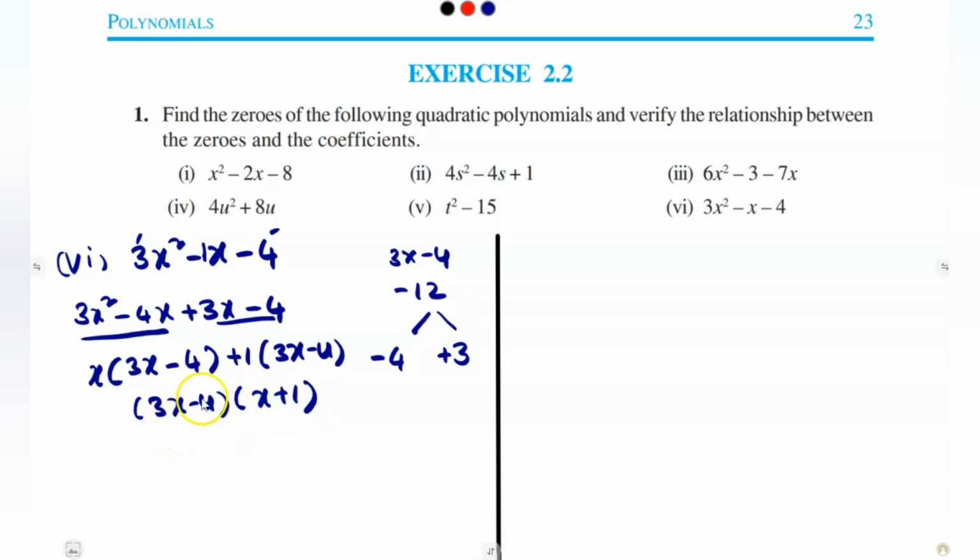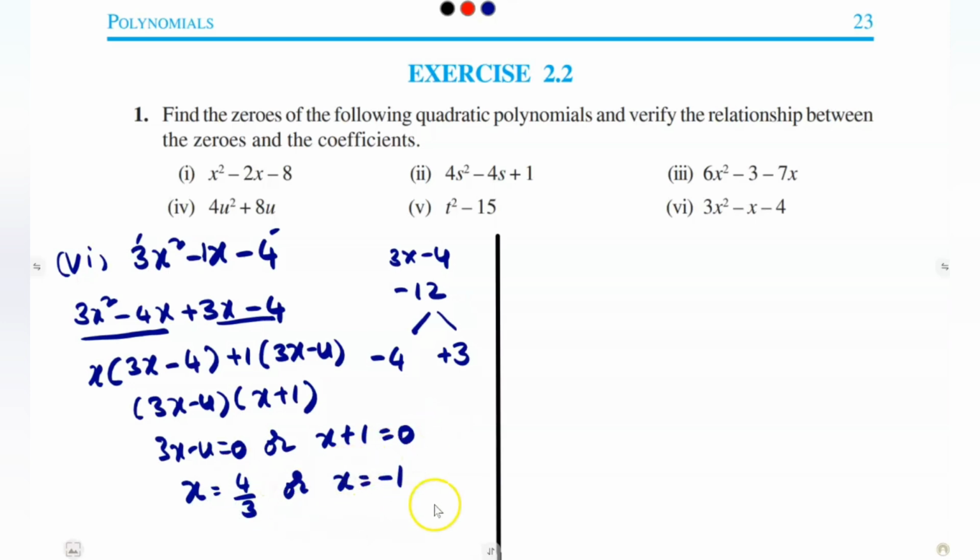If the polynomial is to become 0, either of the factors should be 0. So 3x minus 4 equal to 0 means x is equal to 4 by 3, or x is equal to minus 1 if the other factor is 0. So these are the two zeros of this polynomial. Let us write alpha is equal to 4 by 3 and beta is equal to minus 1.